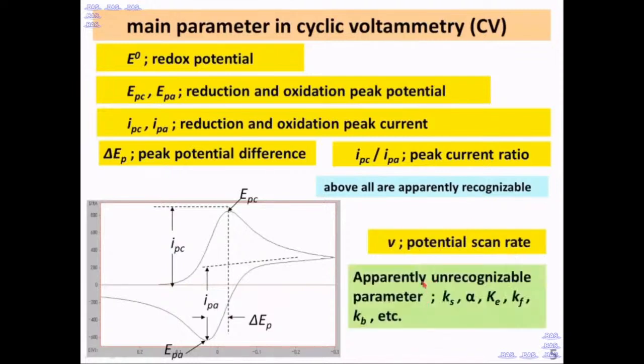Apparently unrecognizable parameters are also important. Electron transfer parameter, and alpha is a parameter, the transfer coefficient. And in k0, small kf or small kb are necessary for following internal chemical reactions.